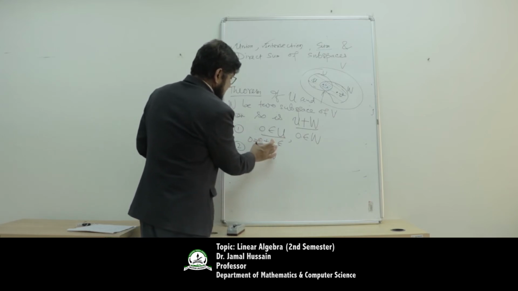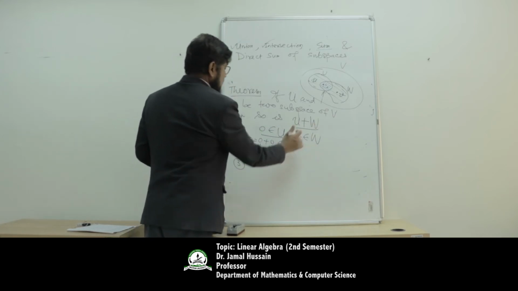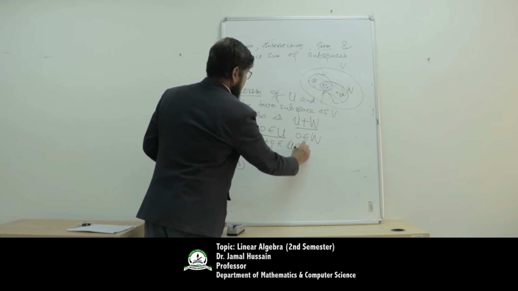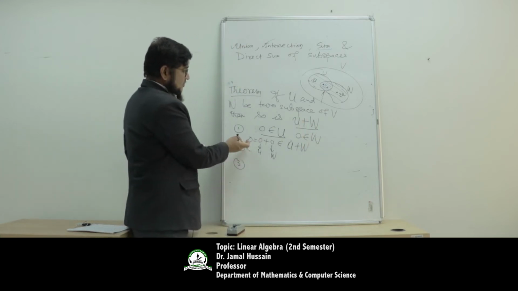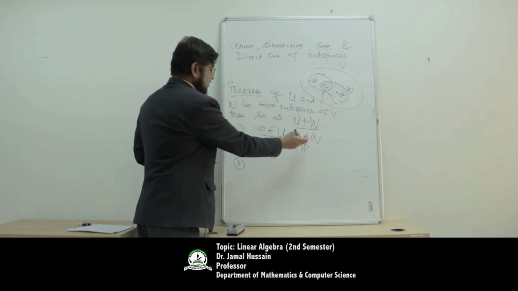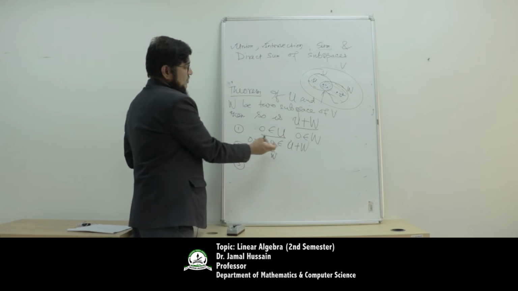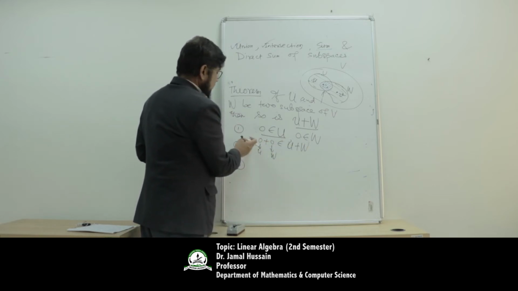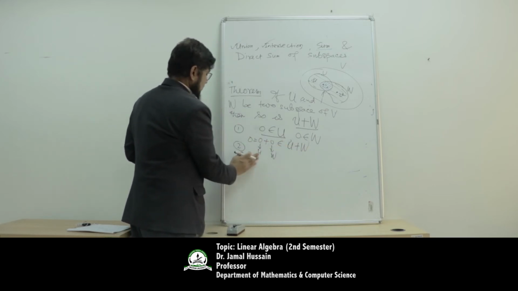So this type of pair of elements belongs to U plus W. So it's very easy to verify that if U and W are subspaces, then they contain 0, and of course the first condition holds: 0 belongs to U plus W.